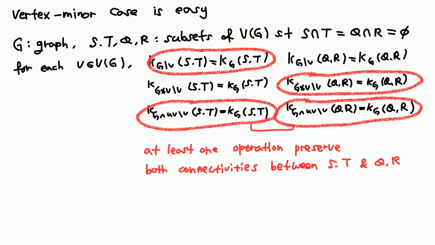This means we have at least one operation that preserves both connectivities. So the vertex-minor case is much easier, but in this way you cannot cover the pivot minor case, because this operation can preserve the connectivity, but this operation has nothing to do with the pivot minor operation.